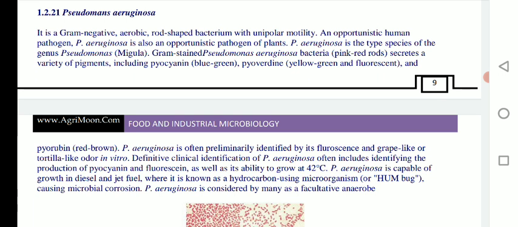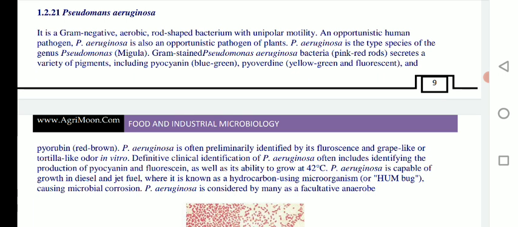Otherwise these normal flora don't do anything, they are helpful for us, but in an immunity compromised situation, these opportunistic pathogens get activated and cause diseases.